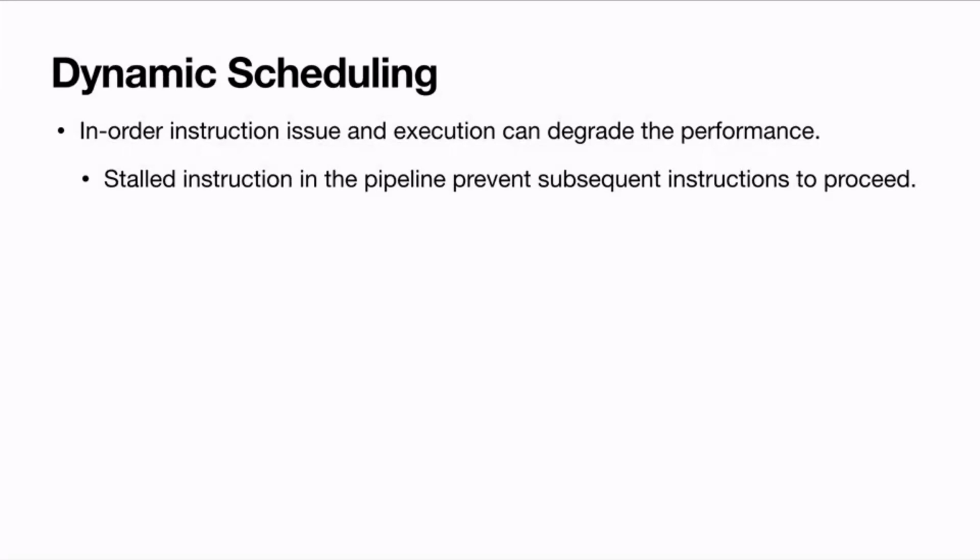But if you want to extract more performance, that means if you want to improve IPC, that is instructions per cycle, then the scalar pipeline processor is not of any help.